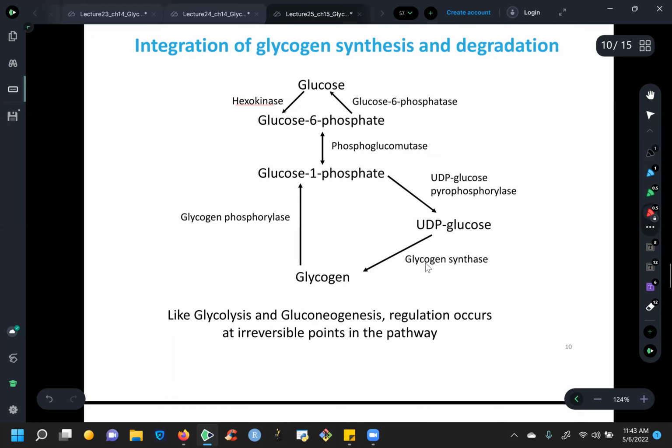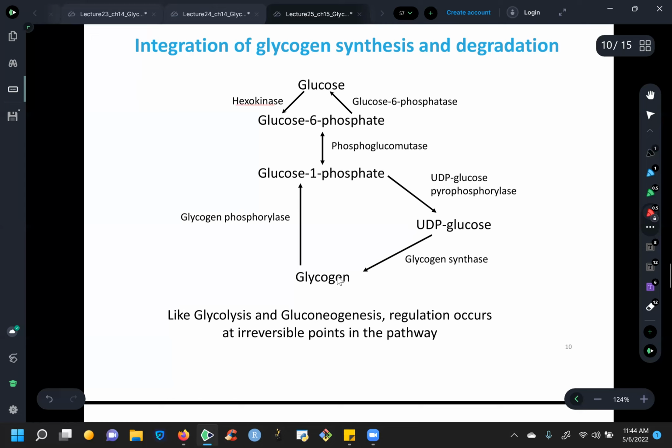So here it's kind of like about learning the names of the enzymes and what they do. So glycogen synthase would take you from UDP glucose to glycogen. And glycogen phosphorylase would take you from glycogen to glucose 1-phosphate. So I would learn these enzymes and what they do, what is the substrate versus product, and then think about when they would be used.